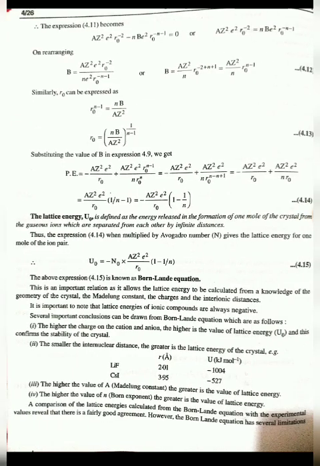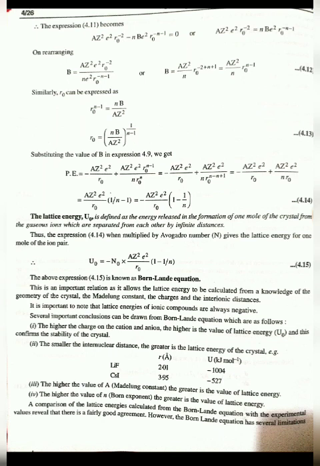At equilibrium, d/dR PE = 0 and the equilibrium distance R = R0. So the expression 4.11 becomes A Z² e² R0^-2 - n Be² R0^(-n-1) = 0, or A Z² e² R0^-2 = n Be² R0^(-n-1).